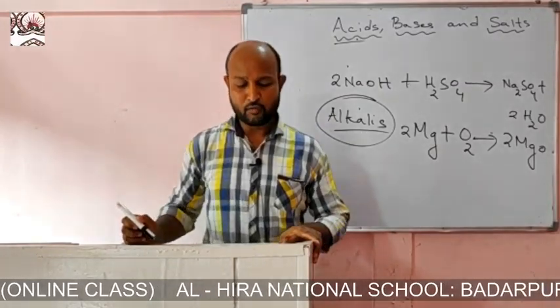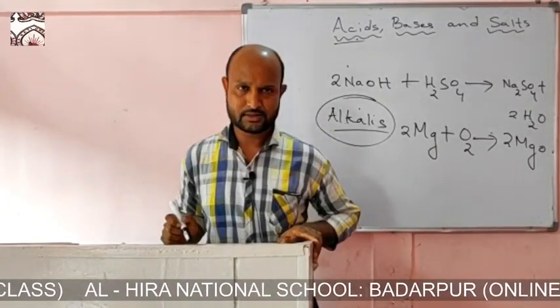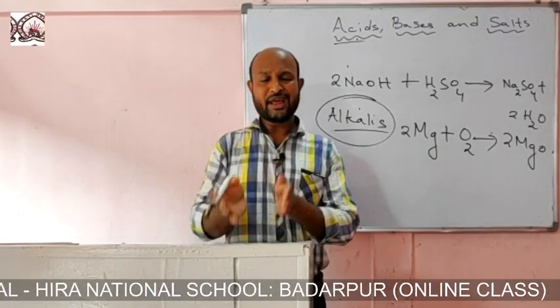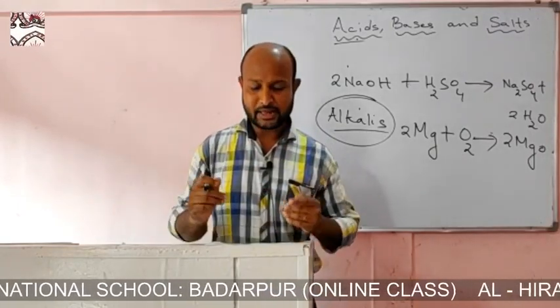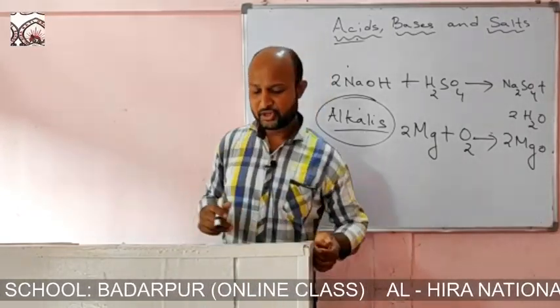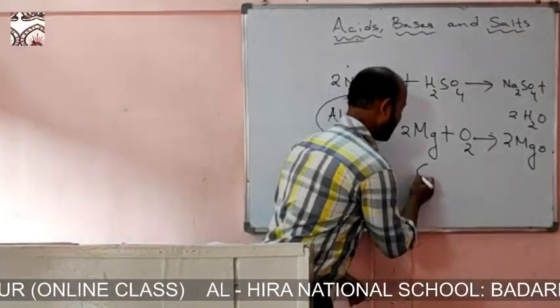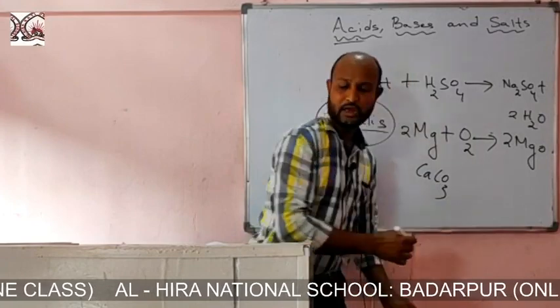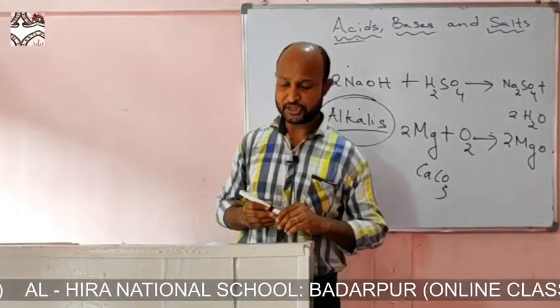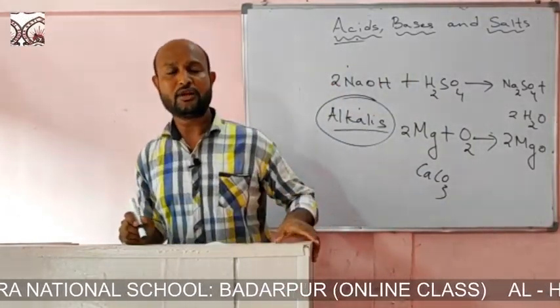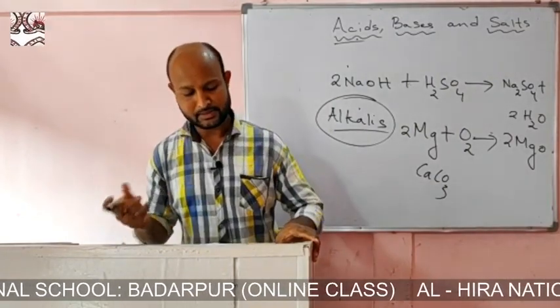Secondly, by the action of water or steam on some metals, a base can be formed. And the last way is by the action of heat on some metal carbonates. For example, if calcium carbonate is heated, it leads to the formation of some basic substances.